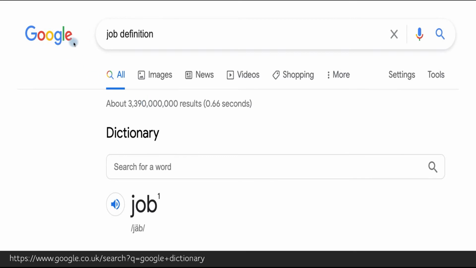So if you type into Google, when you got the all section, job definition, it throws up the dictionary and gives you the word job. So you search Google dictionary, and you get the Google dictionary, which gives you 3 billion results for job.